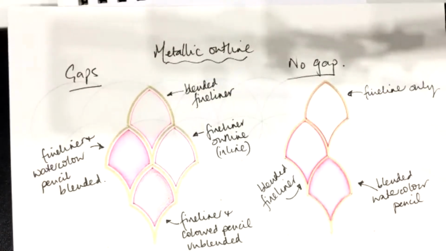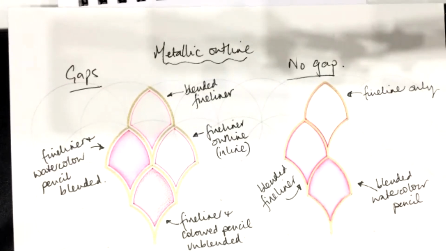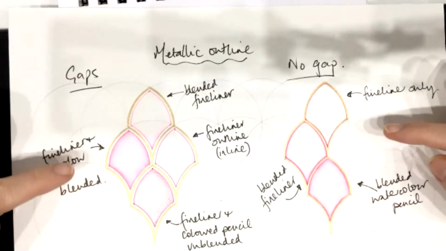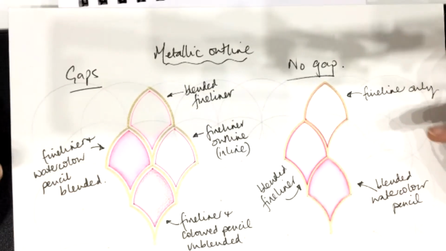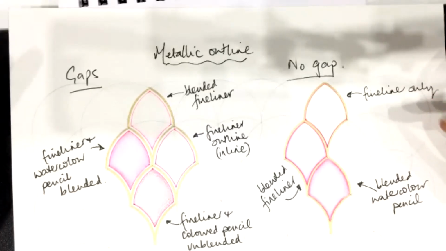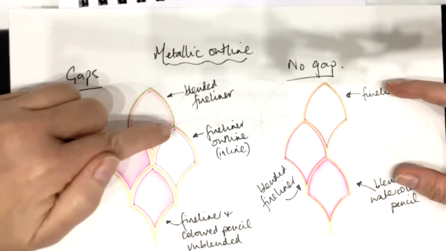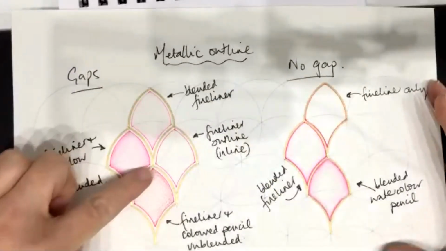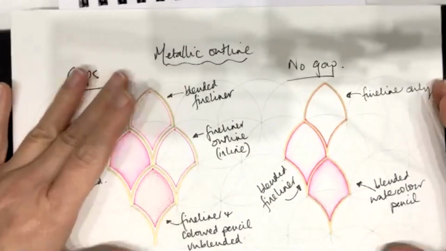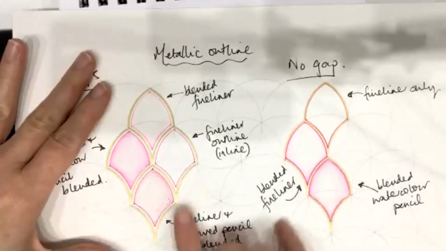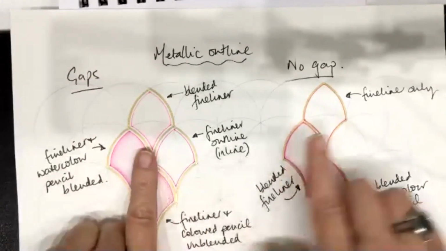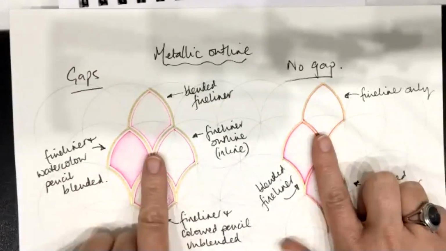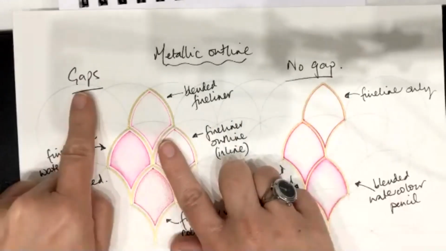Okay. There's also two ways of inlining your patterns. I don't know if inline's a word, but it suits what I'm describing. So we've all outlined our pattern to pull the pattern out from the underlying grid, whether we've done it in metallic pen or black pen. And then you can see here I've used two types of inline. I've done a gap.